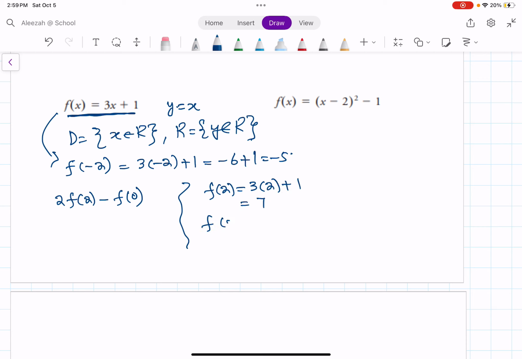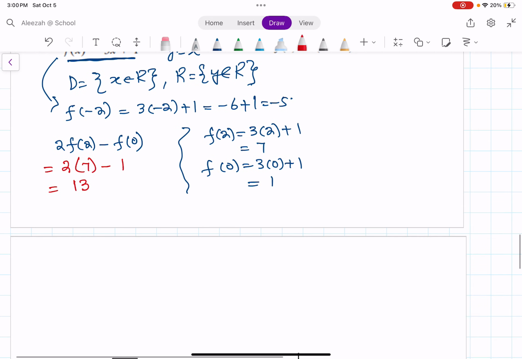And f of 0 will be 3 times 0 plus 1, which is 1. So to find the value of 2f of 2 minus f of 0, I plug in the values: 2 times 7, minus 1. So that is 14 minus 1, which is 13. This is how I can find the value of the function at a given point.